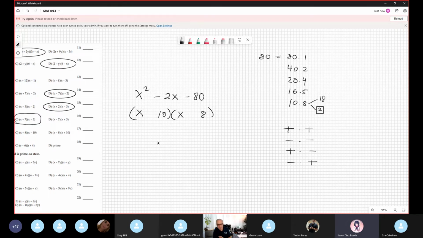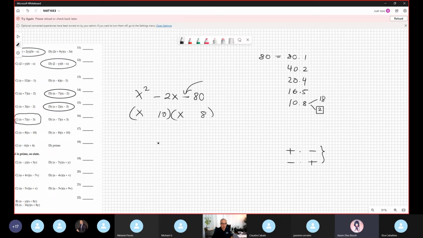Okay, step by step. Look at the second sign, it is minus, it indicates to us, okay, do we have same or different? Different. Exactly. So you discard that possibility. No plus plus, no minus minus. It's this or this.